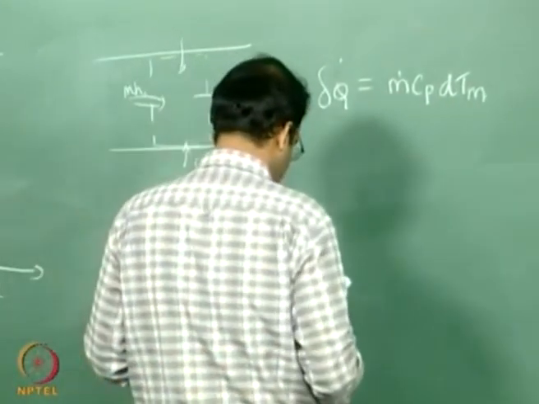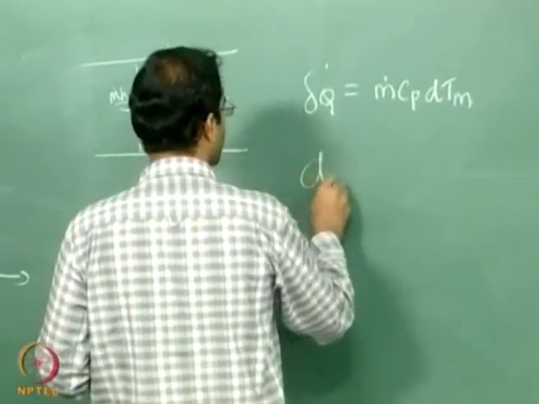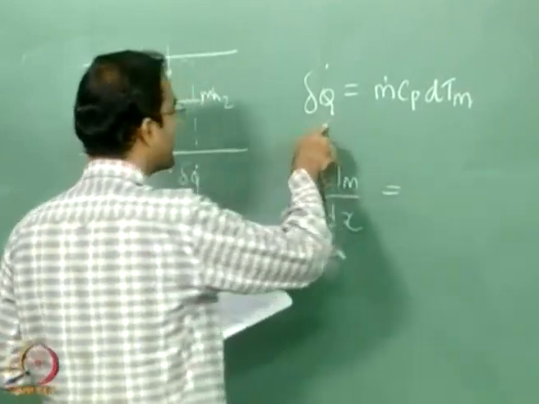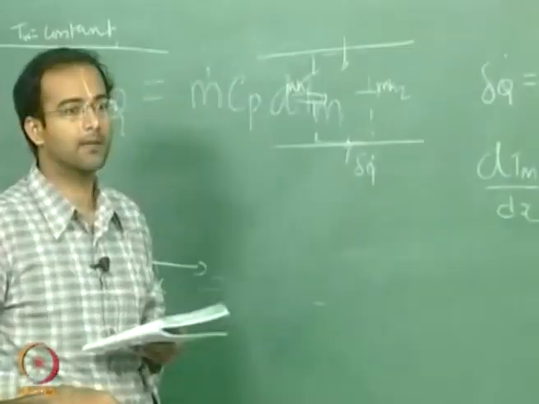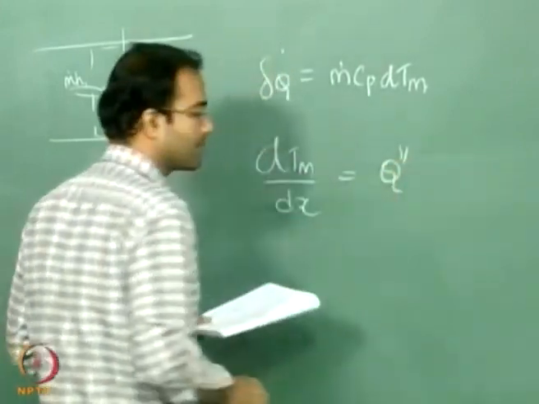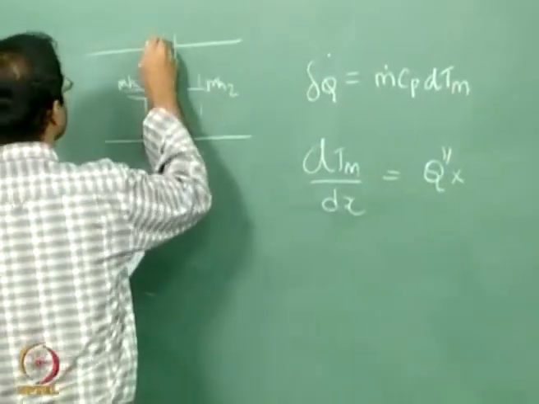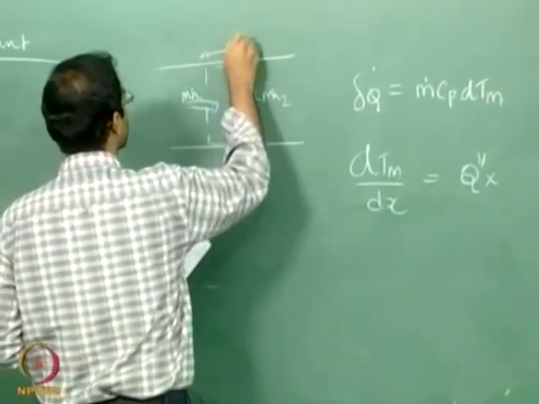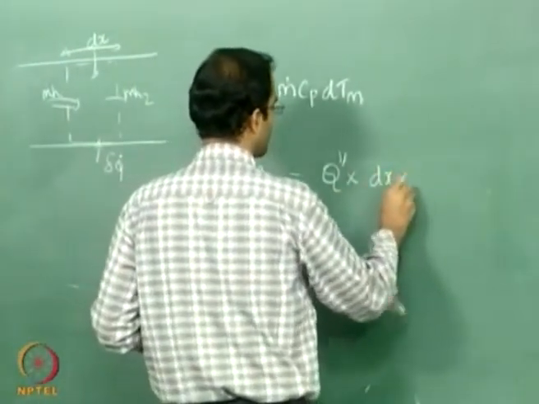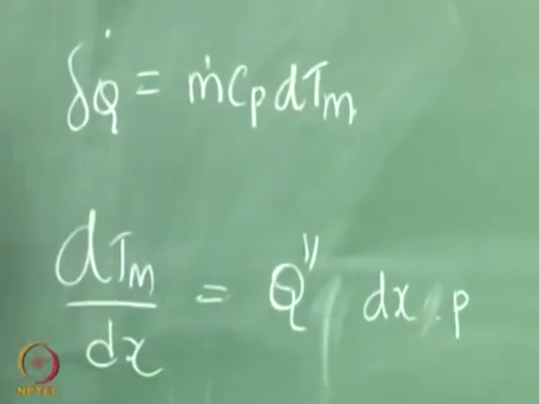So I can just divide everywhere by dx. So this will be now dTm by dx will be equal to, now this is your heat transfer rate, okay. So this can be expressed in terms of heat flux. You can write this as Q double prime, which is in watt per meter square, into, if you assume that the control volume has a differential length dx, into dx into perimeter, right.